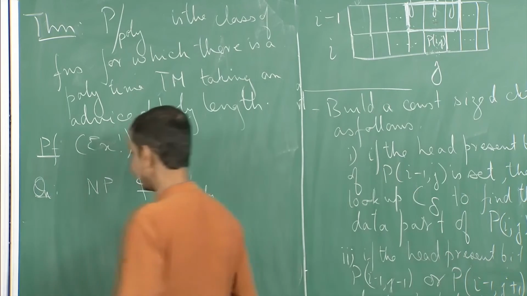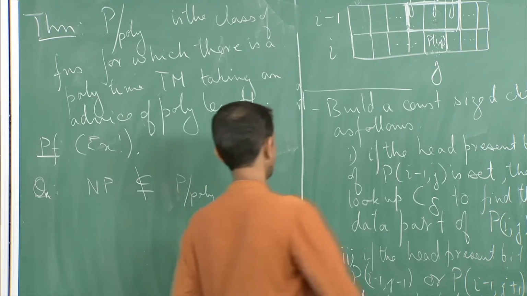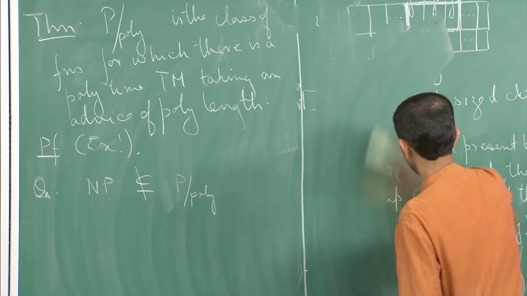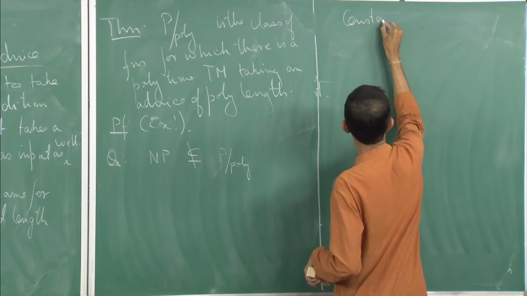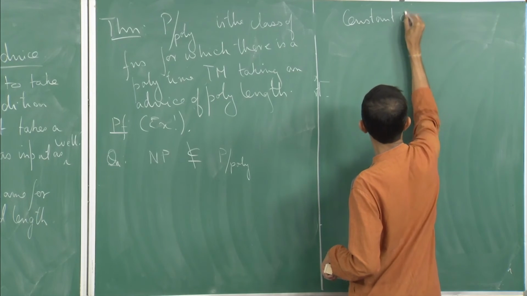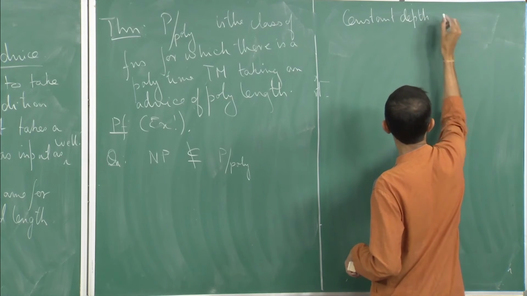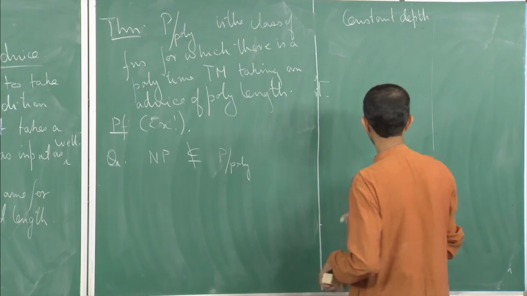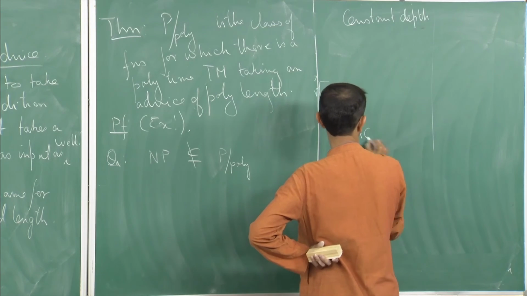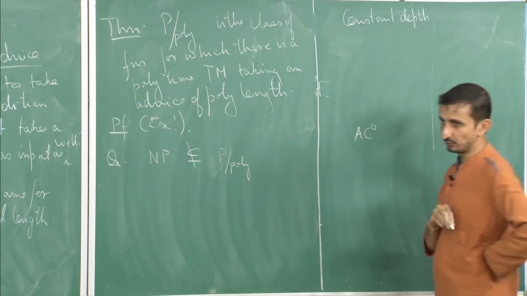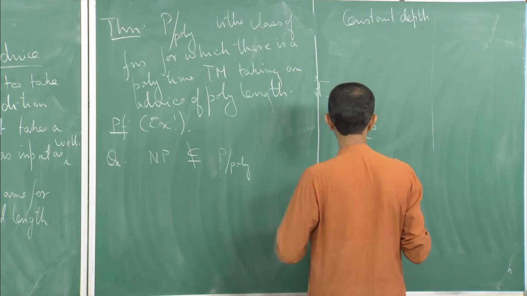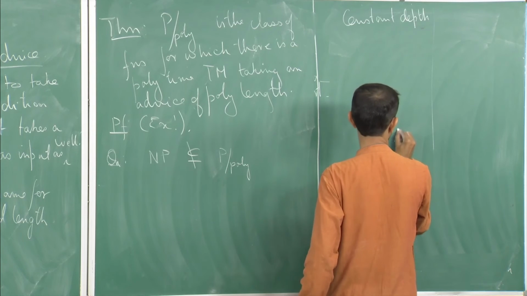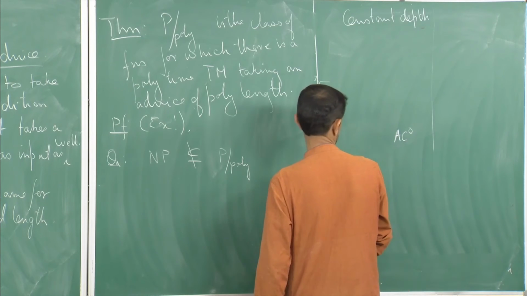So, for constant depth, we have for example AC0, and there is this famous result by several people.